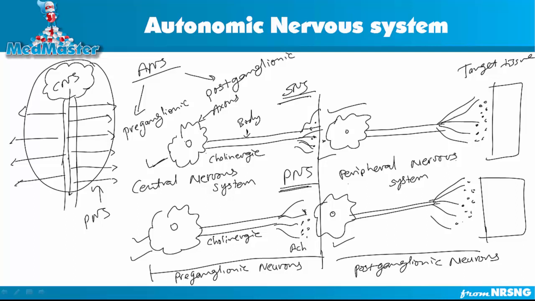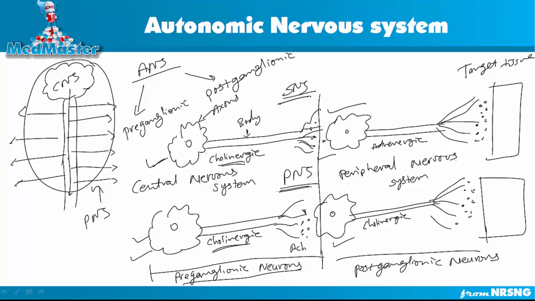So this is kind of the point I wanted to make: all preganglionic neurons are cholinergic, and all postganglionic neurons depend. If it is a sympathetic nervous system branch, it's gonna be adrenergic. If it is parasympathetic, then it's cholinergic.